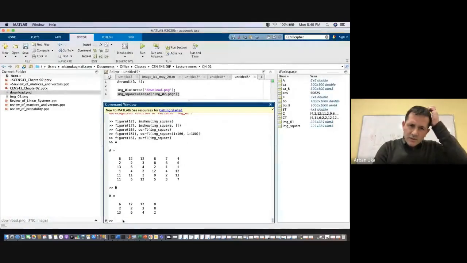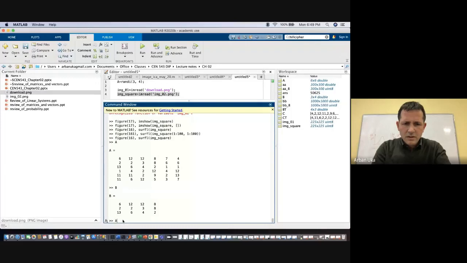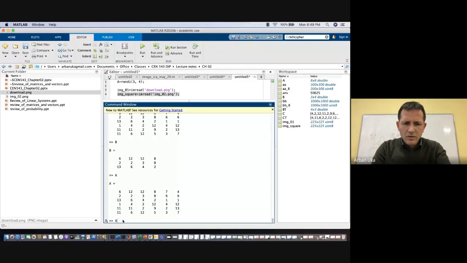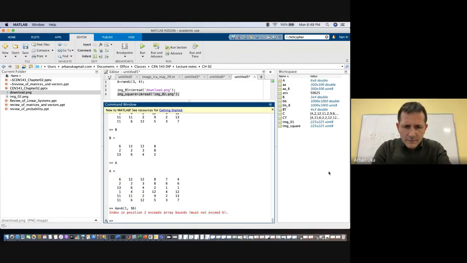So let me see. So A is this here. We can call this AA, which is equal to A. A, it's 6 by 6, so this is 136.